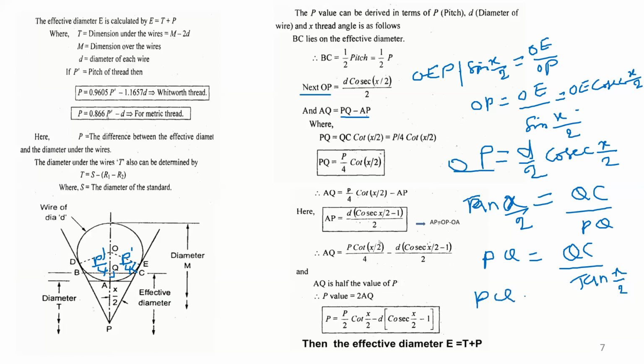Therefore, PQ is equal to QC, which is nothing but P by 4, divided by tan theta. 1 by tan theta is equal to cot theta, right? P by 4 cot x by 2. So here PQ is equal to P by 4 cot x by 2, or P dash by 4 cot x by 2. And then we need to calculate what is AP value. If you know the AP value, by subtracting AP from the PQ, you can get AQ.